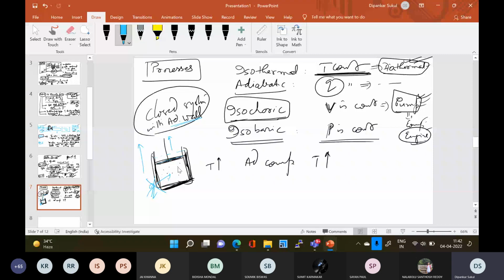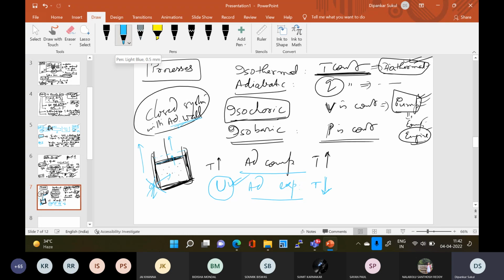Then from where will it take the energy for the expansion process? It will utilize its internal energy. That means at the expense of internal energy, volume will be increased in this adiabatic process. What will be the result? In adiabatic expansion, as it is utilizing its internal energy, its temperature will drop. So this is the case: for adiabatic compression, temperature will increase; for adiabatic expansion, temperature will decrease.